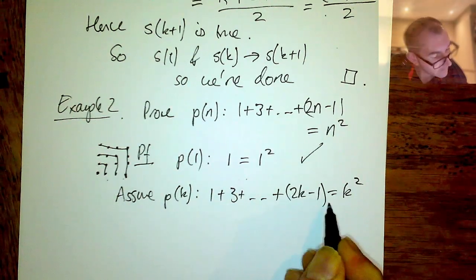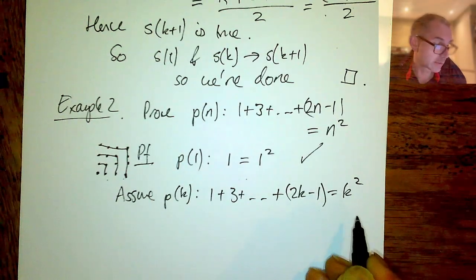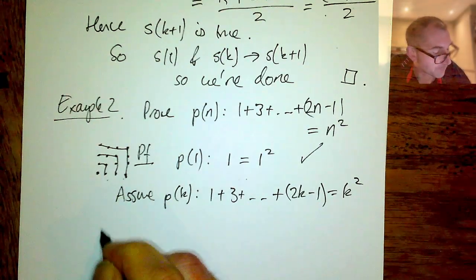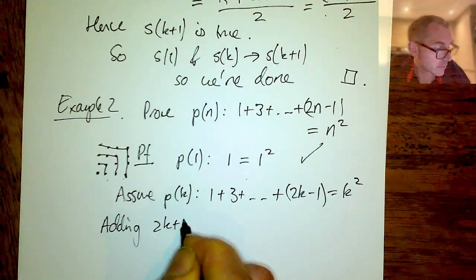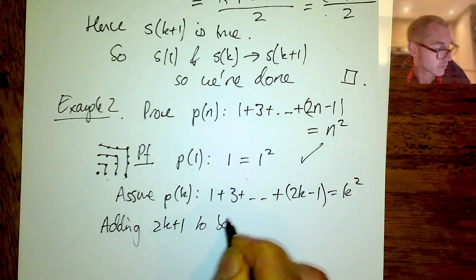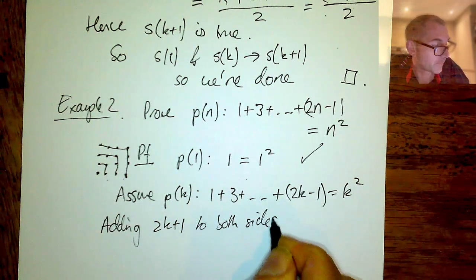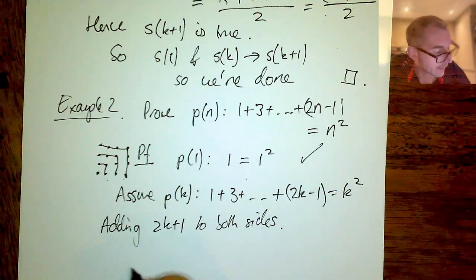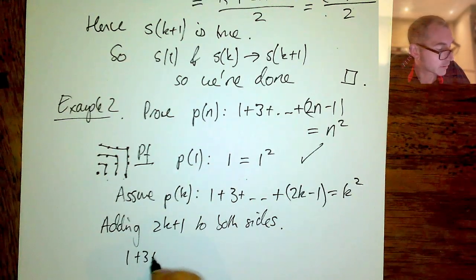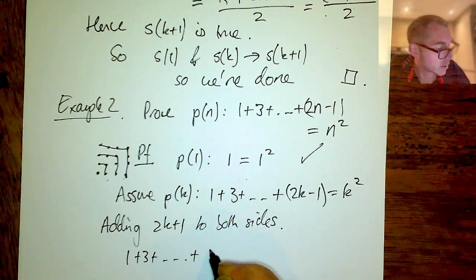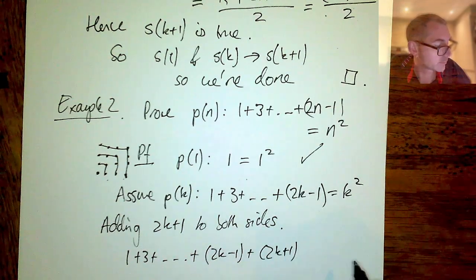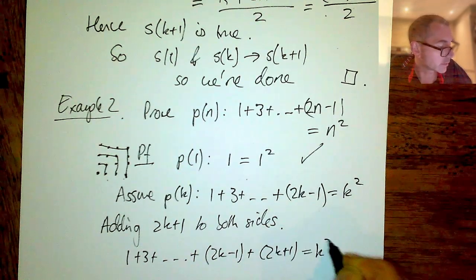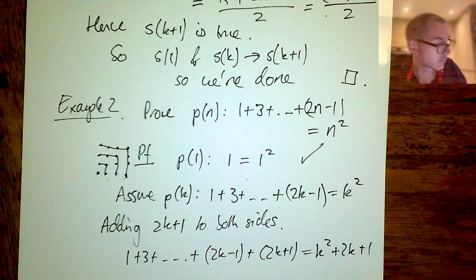So if I just add 2k plus 1 to both sides, then maybe I'll get somewhere. So adding 2k plus 1 to both sides, I get 1 plus 3 plus dots plus 2k minus 1 plus 2k plus 1 is equal to k squared plus 2k plus 1.